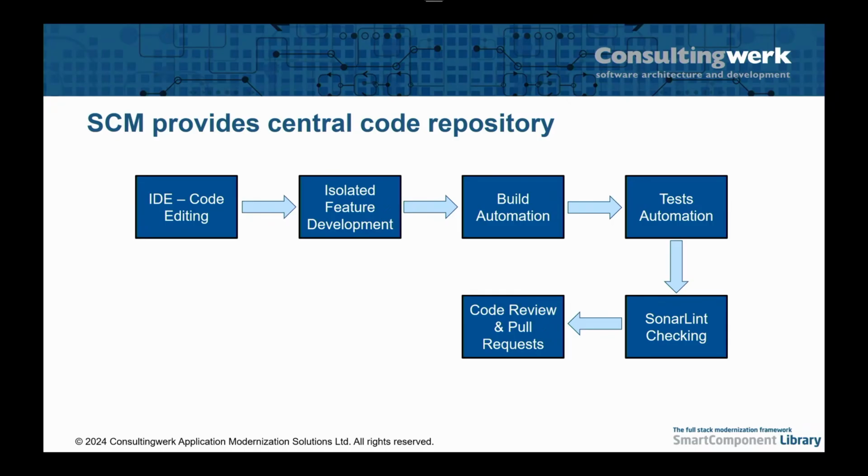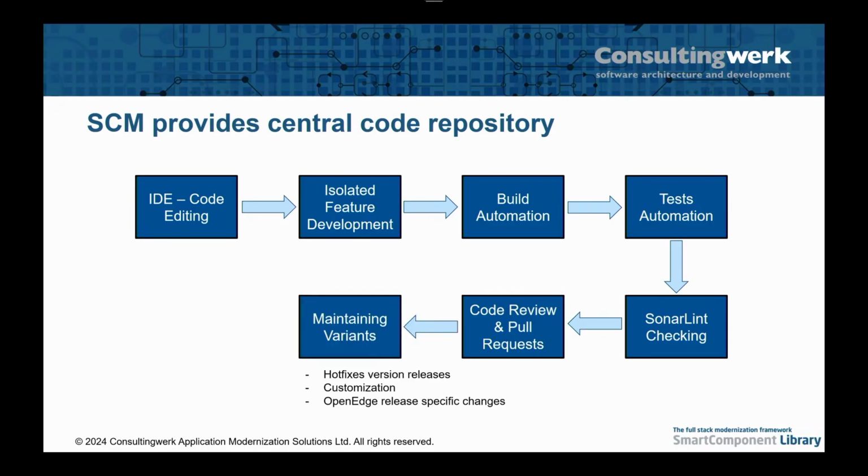Then code reviews, all through SCM. When you need to maintain variants, customizations for OpenEdge releases or variants for different customers, that is also typically done through SCM, and SCM tools can support or automate deployment, so being a foundation for the automation there.